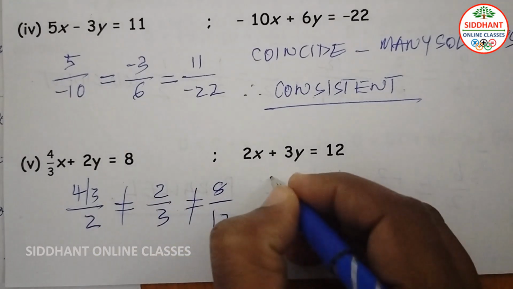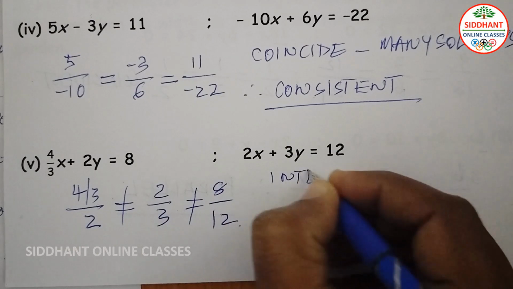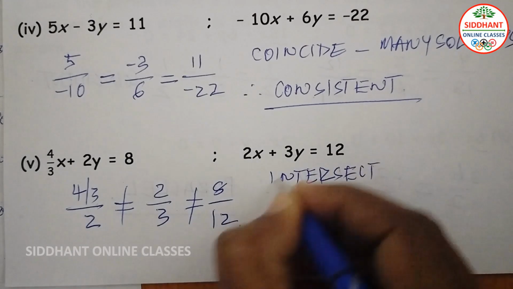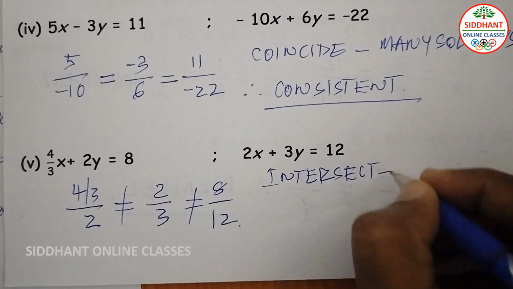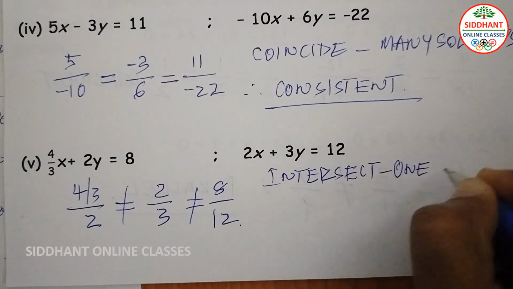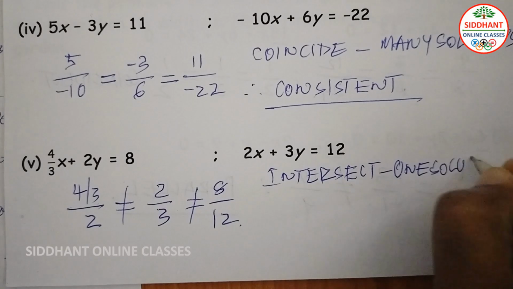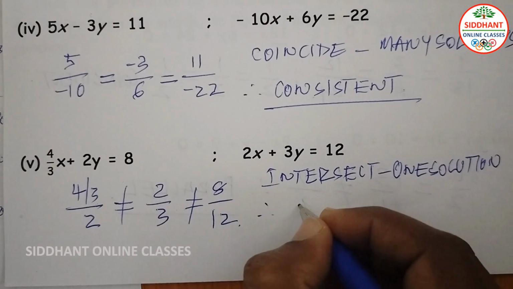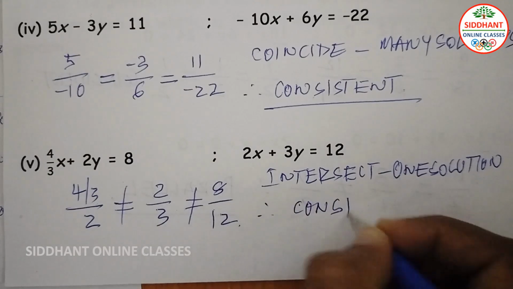So we can conclude that the two lines intersect each other and we are going to get one solution here. So therefore the equations are consistent.